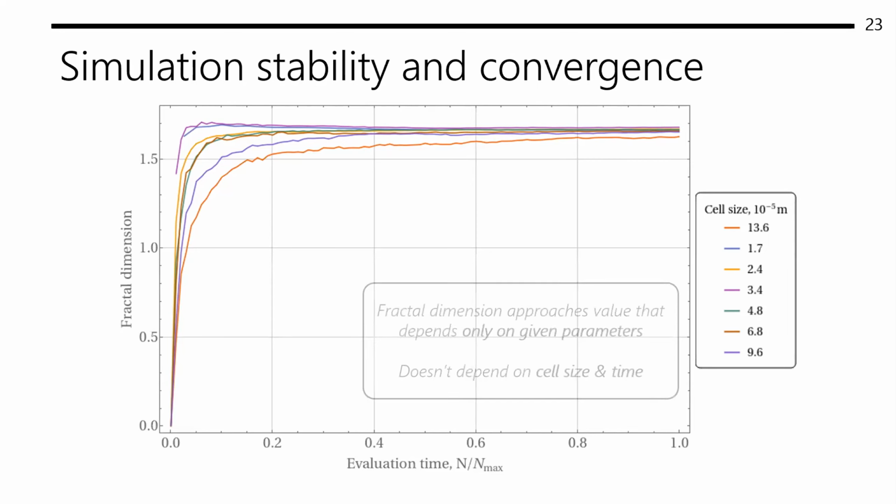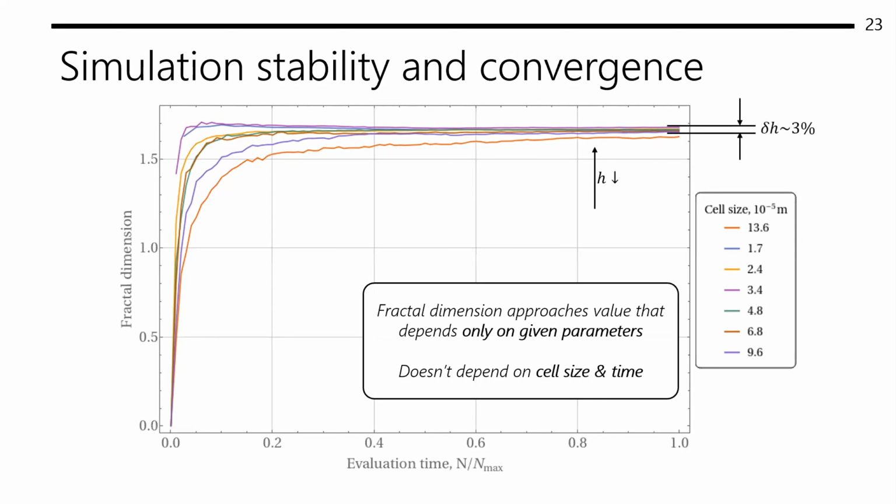It leads us to the conclusion that the fractal dimension approached by the simulation depends only on given parameters, but not on the time and cell size. It is quite interesting that if we conduct the same experiment over and over again, the shape of the dendrite will be different. However, the fractal dimension will remain the same.